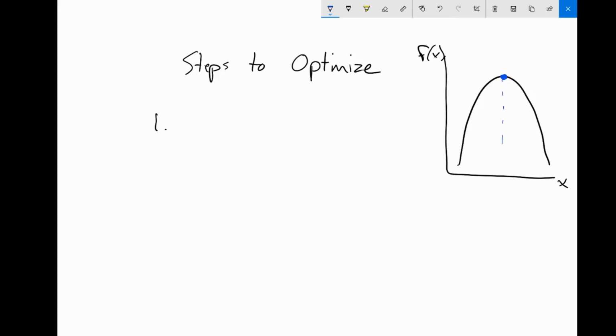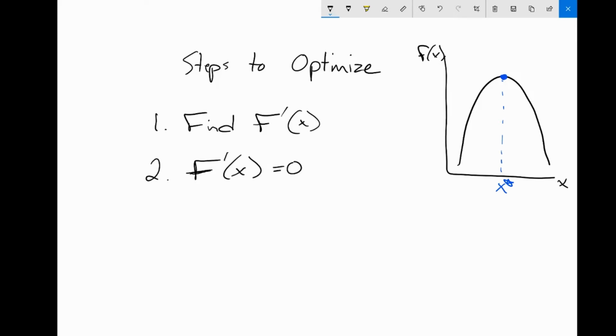Step 1: find f prime of x. We take our function f of x and take the derivative, so we find f prime of x. Step 2 is we set f prime of x equal to 0.